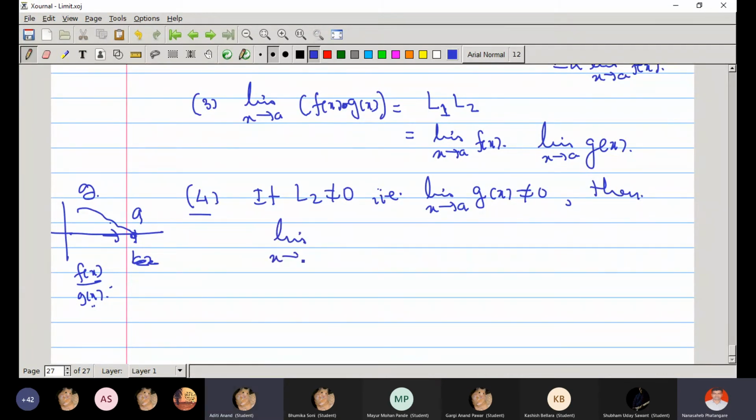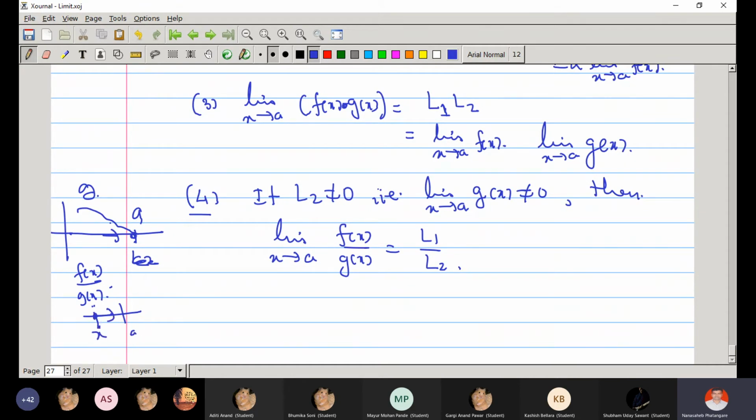Yes, sir. Okay, but what is the guarantee? Because while dividing, as x approaches a, f(x) upon g(x) is L1 upon L2. L2 is non-zero, so L1 upon L2, no problem. But what about g(x)? If g(x) is 0, then what will happen? Because x is not a, x is somewhere here and x approaches a.